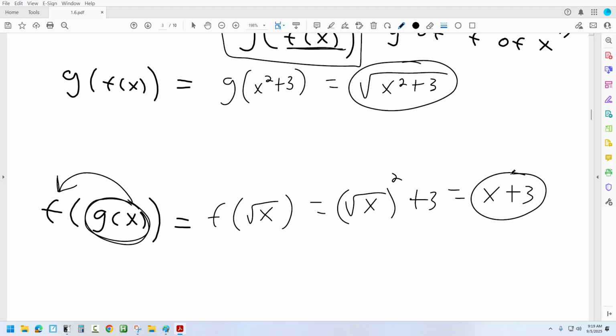So no, f of g and g of f are not the same thing. The order that you compose the two functions in makes a difference. Right. Any question on how I got g of f or f of g there? Plugging one function into another function.